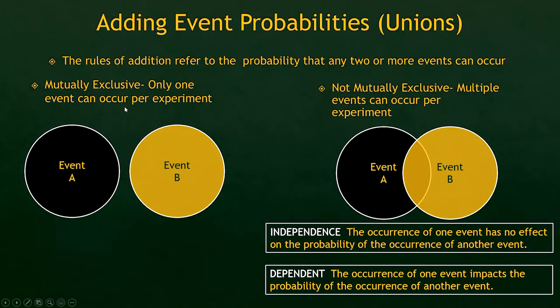Often individuals confuse mutually exclusive events with independent events, or independence. In other words, the occurrence of one event has no impact on the probability of the occurrence of another event. For instance, if we look at the probability of an individual being an accounting major and an MIS major, are those two events independent of each other? Does one impact the other? Maybe a little bit, but I'm not really sure, so maybe those aren't completely independent.